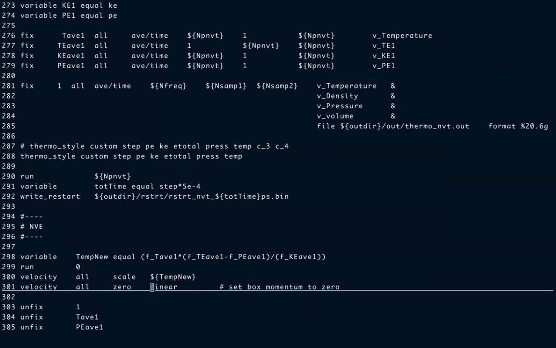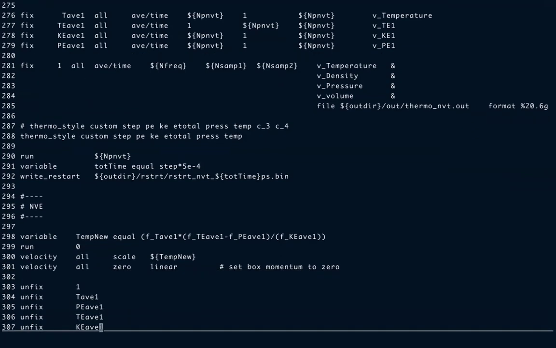These two commands here finally achieve this goal where the velocities are rescaled such that the temperature of the system now equals exactly the equilibrium temperature that we desire, which is equal to 323.15 Kelvin.